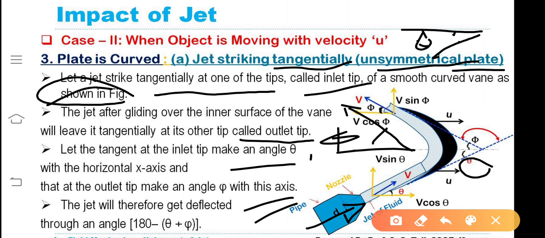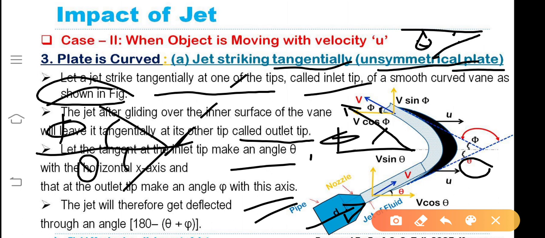The jet will therefore get deflected through an angle. Suppose this is theta, this is phi. Then if I continue this line, what is this angle? That is marked as red there.